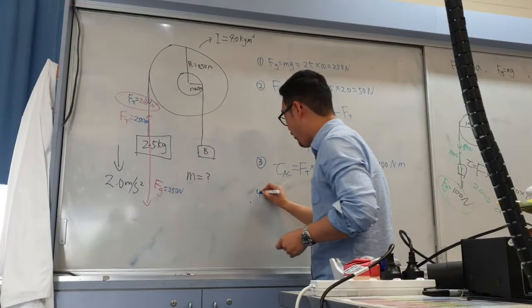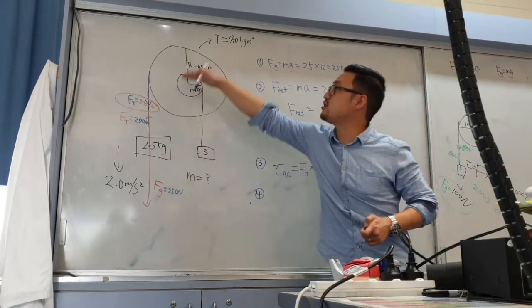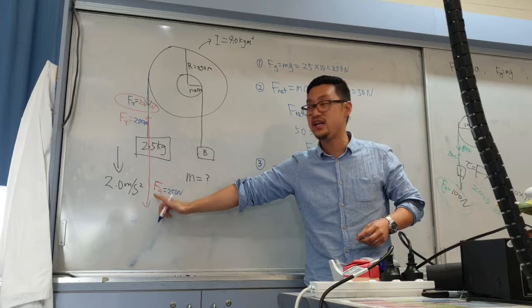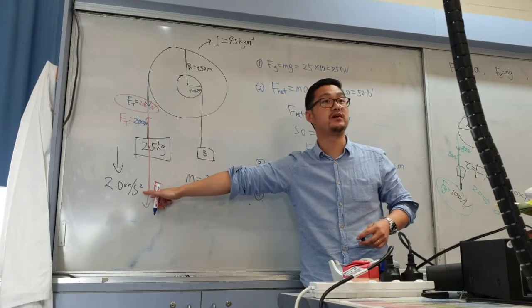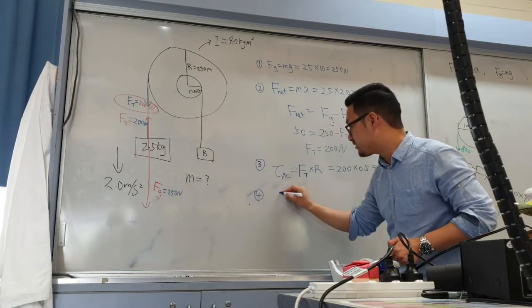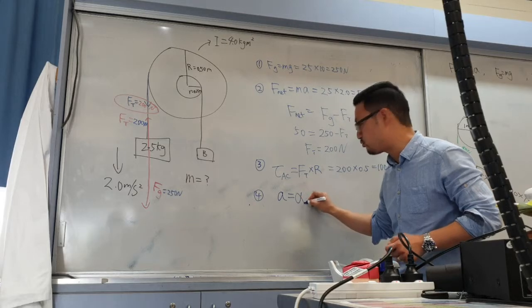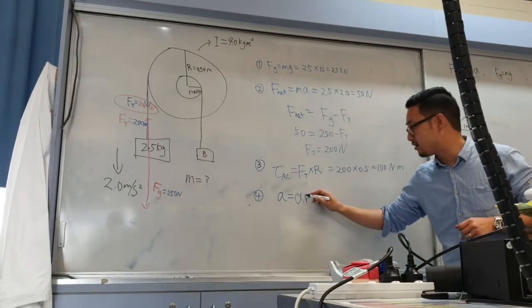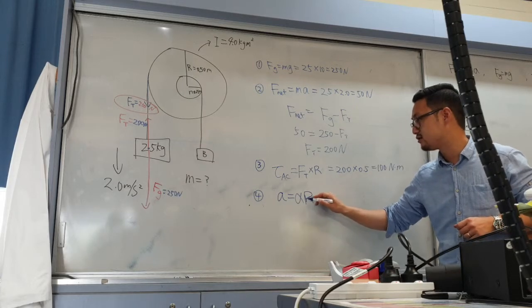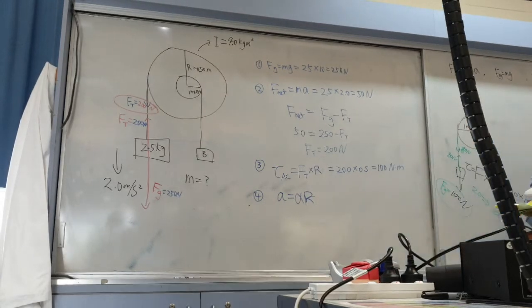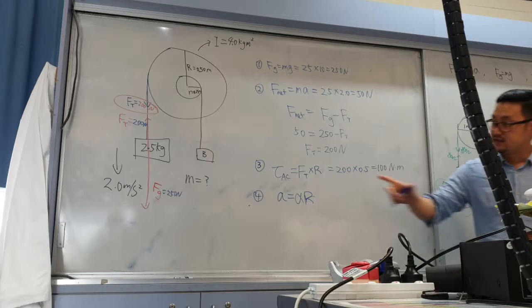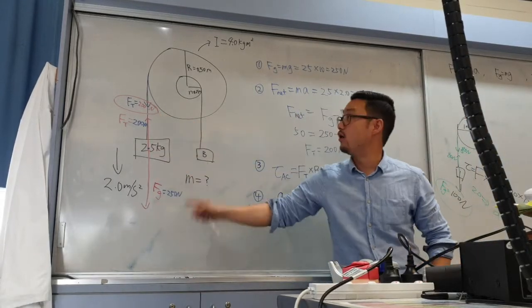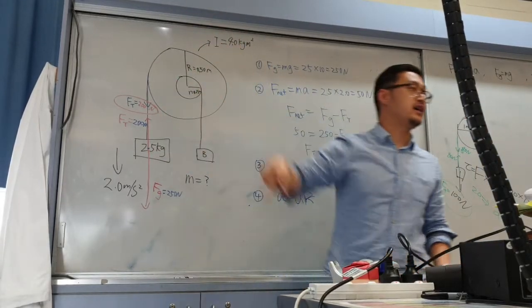Now, number 4, I can find the acceleration of this thing because I know the linear acceleration over here is 2 meters per second squared. So linear acceleration is going to equal to rotational acceleration times r, and this r is going to be my capital R. Does it make sense? Because if this thing is accelerating downward, it's going to make this rotating thing accelerate.